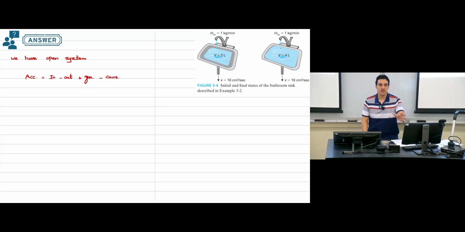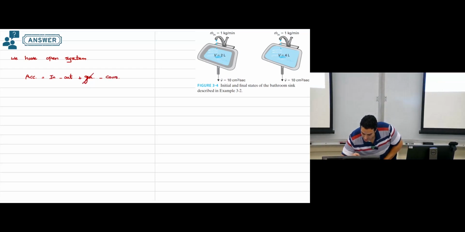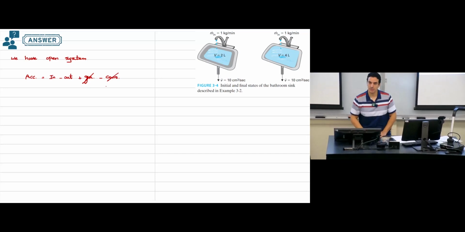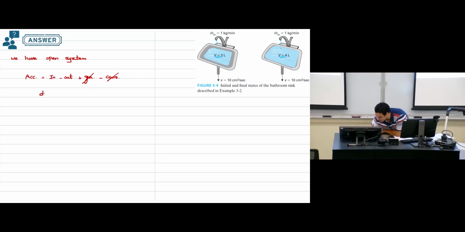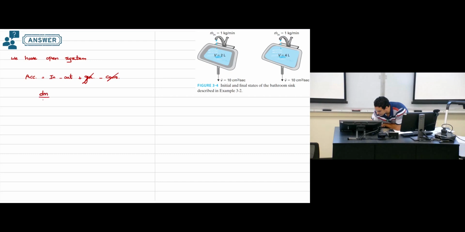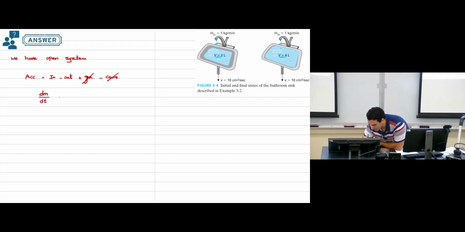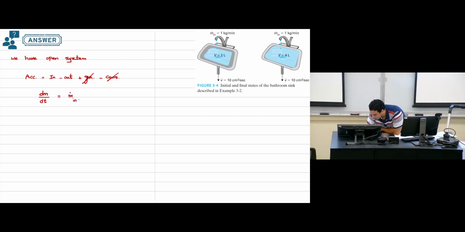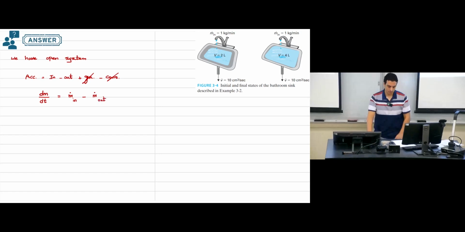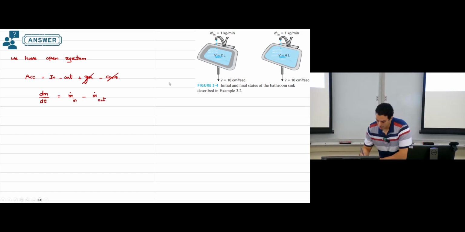Do we have any chemical reaction? No. So the generation and consumption will be cancelled, right? If you write this equation, accumulation is dm by dt. We have just one inlet, so we have m dot in, and one outlet, so we have m dot out.